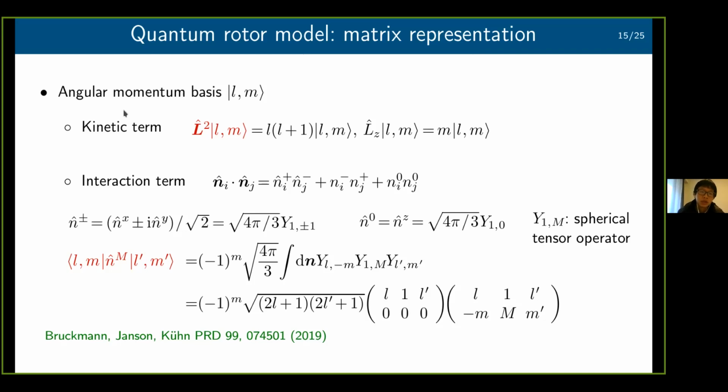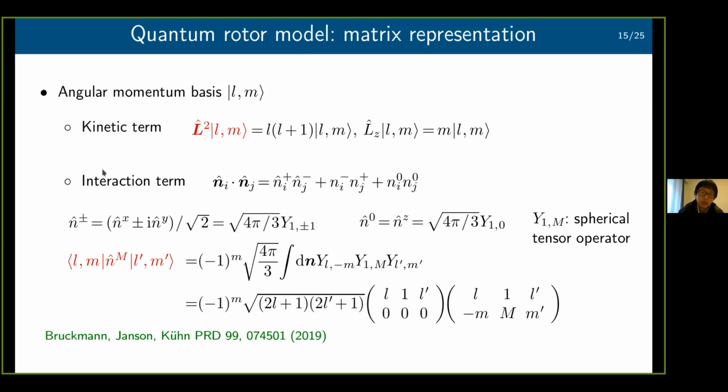To do that, the most natural choice is to use the angular momentum basis. Basically, we only need to choose the eigenbasis of this angular momentum operator and then represent all the terms under this basis. And obviously, the kinetic term becomes diagonal under this basis.